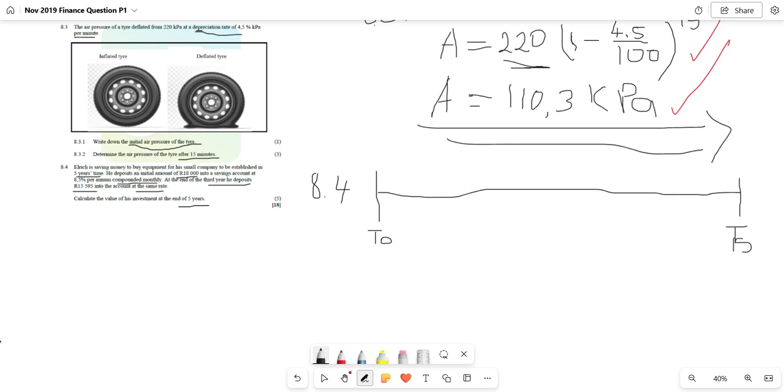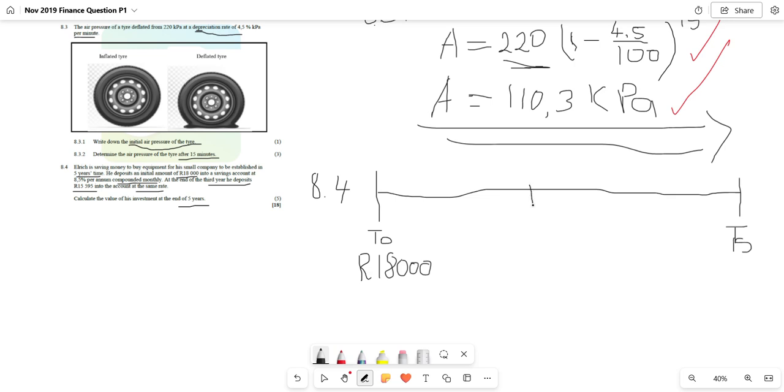After indicating the period, you come to the amounts. Here it says initially he deposited. It means at T0, this is the initial deposit of an amount equivalent to 18,000 rands. Then after the initial deposit, it took how many years for him to make a further deposit? It took 3 years.